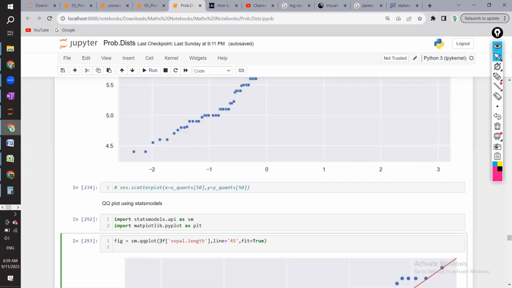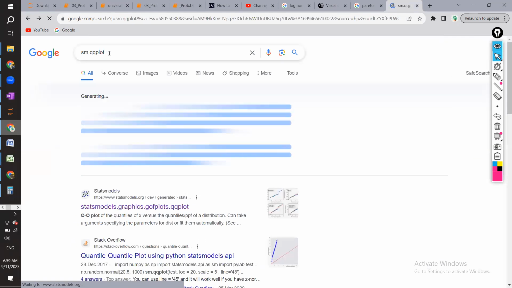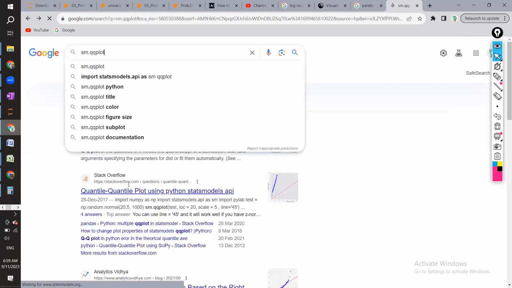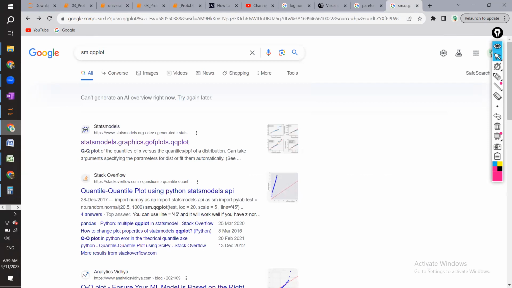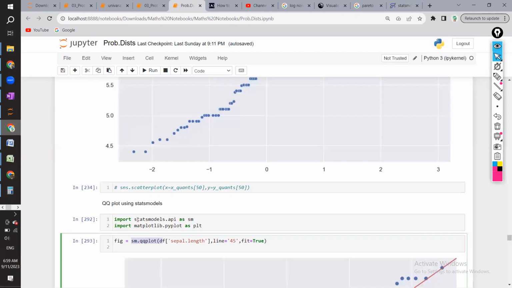By default it will take the normal distribution, because if I show you sm.qqplot, yeah, this is sm.qqplot. So how did I get this? Always go through the official blogs or official websites, guys. For every module you are using, there will be an official website.